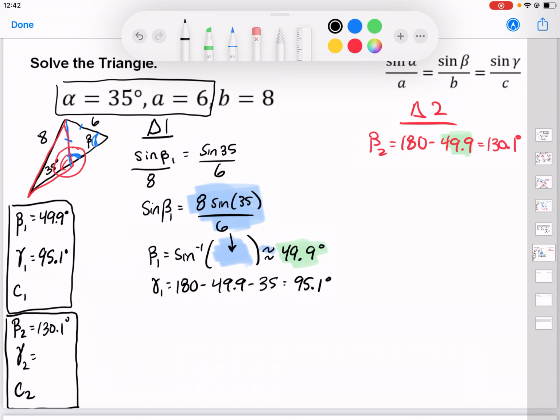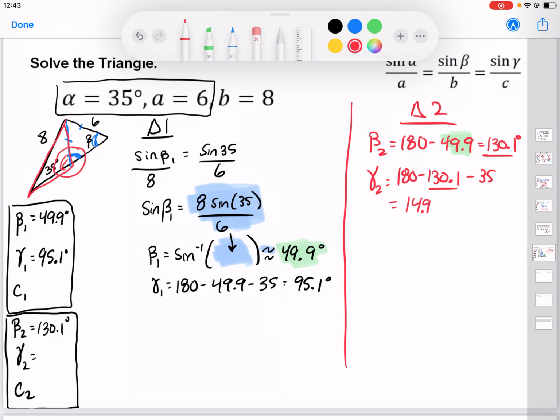So if we do the same thing for the second triangle, gamma 2 would just be 180 minus, this time 130.1, because we're using this one, and still minus the 35. And you would get 14.9 degrees.